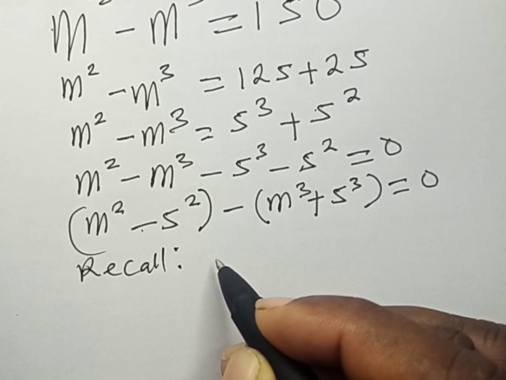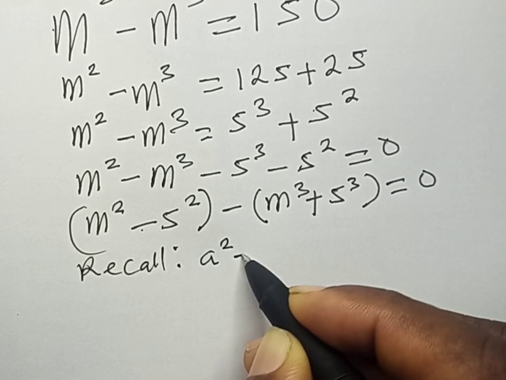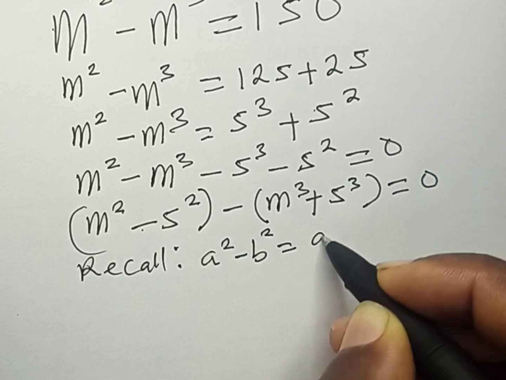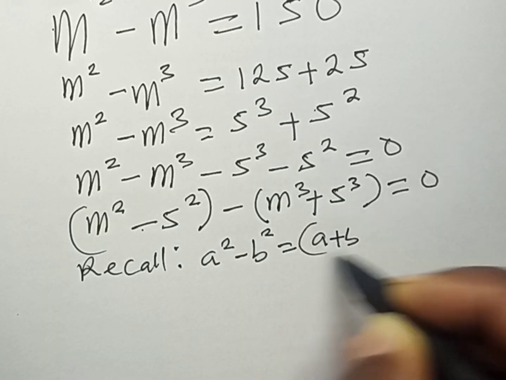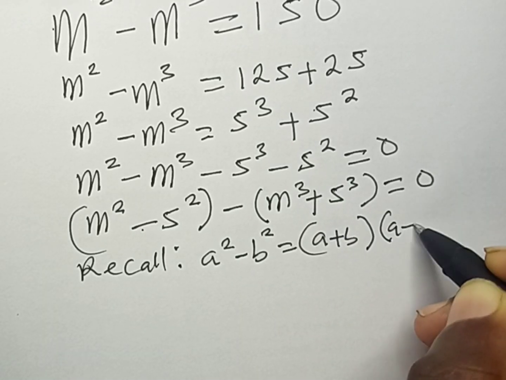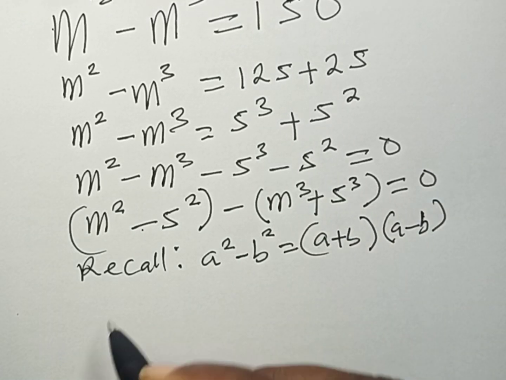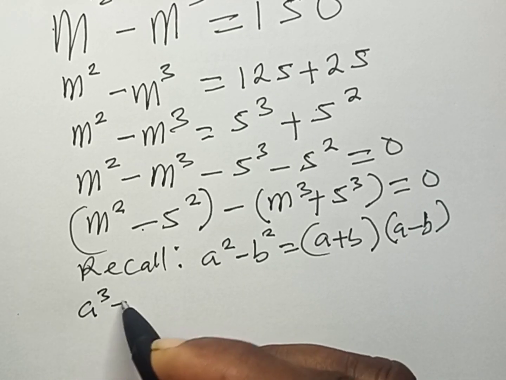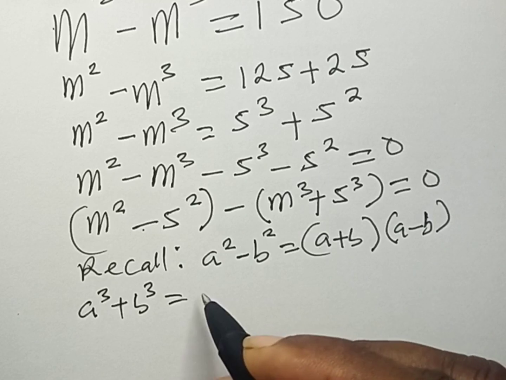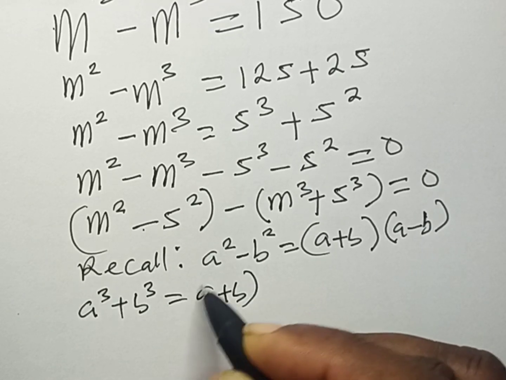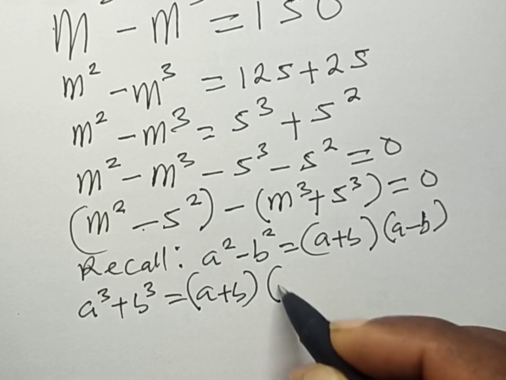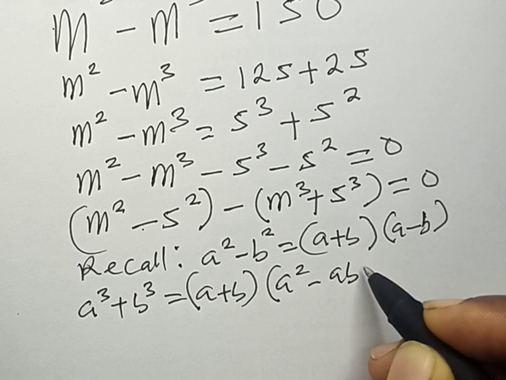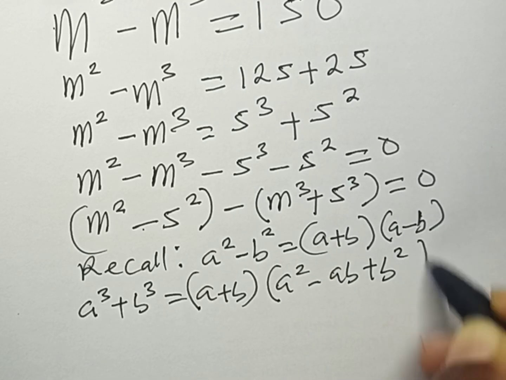that a square minus b square equals a plus b into a minus b, and a cube plus b cube equals a plus b into a square minus ab plus b square.